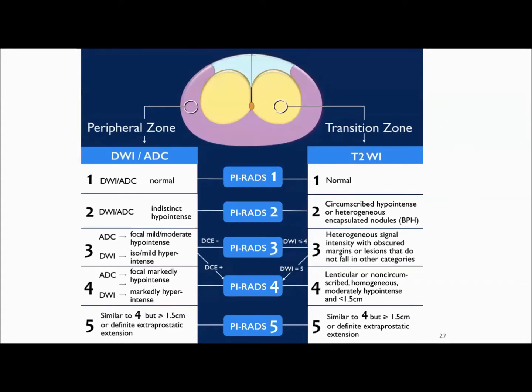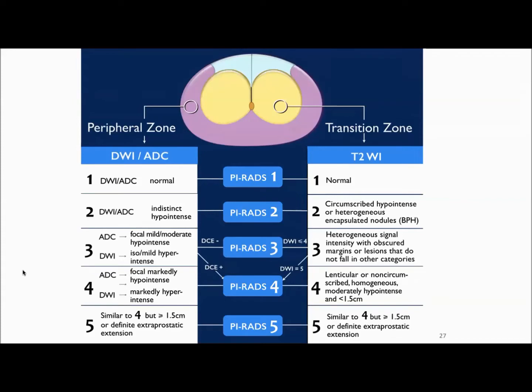So the dominant sequence for transitional zone is T2, versus for the peripheral zone, which is DWI and ADC. If we see that the peripheral zone is homogeneous and high signal intensity, that means it is normal.